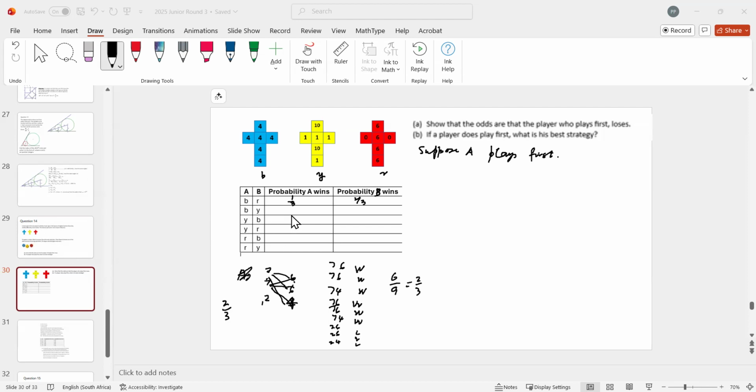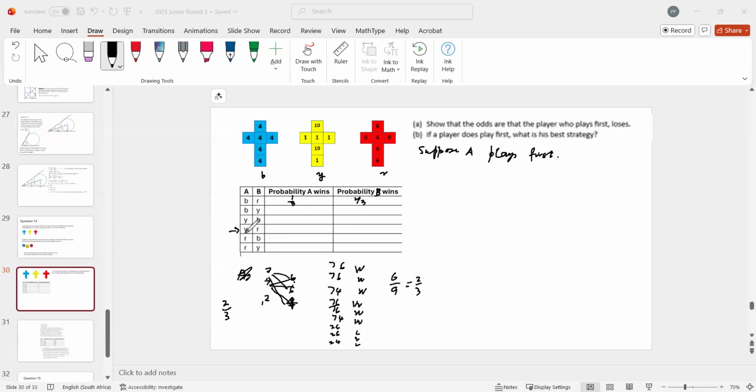Like for instance, now if you take, yeah, if you take, for instance, this one here, right?